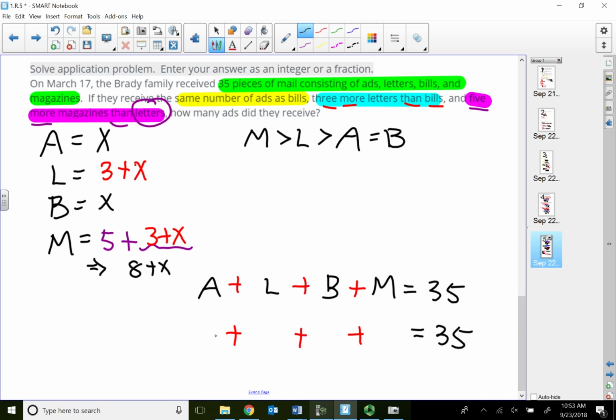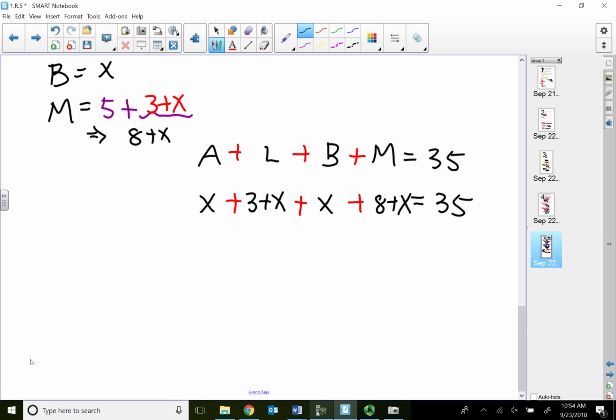So the ads I translate to be x. Letters was 3 plus x. The bills was x. And the magazine, after I simplify, is 5 more than 3 plus x, so that will be 8 plus x. There you go, that's how we write out the equation. Now I'm going to treat it as a regular solving for x.